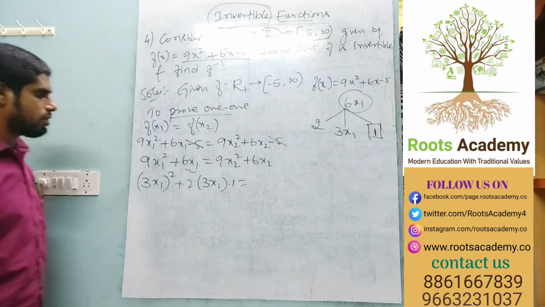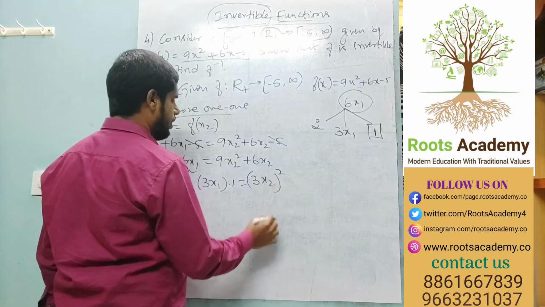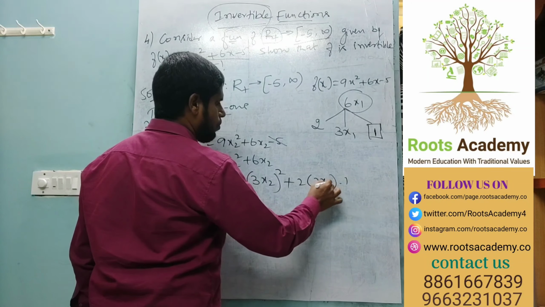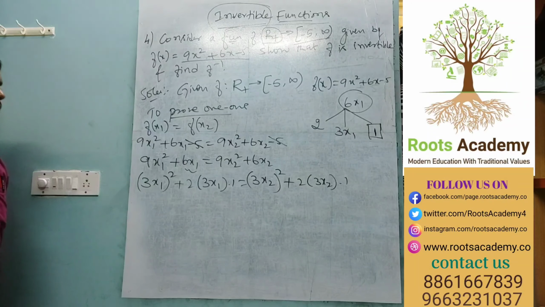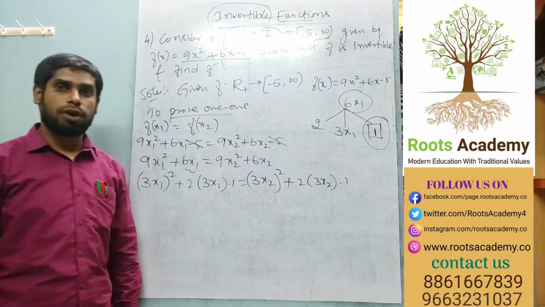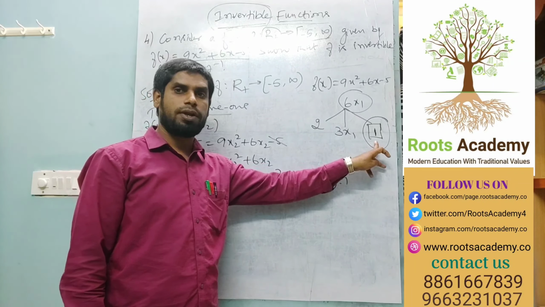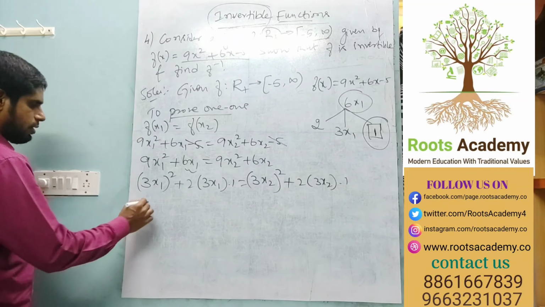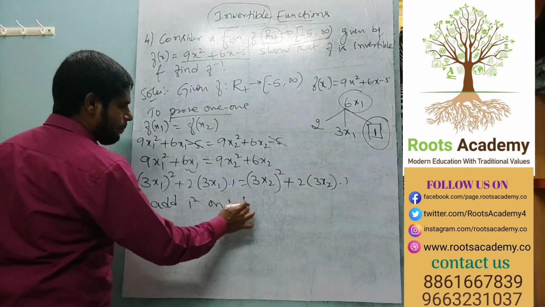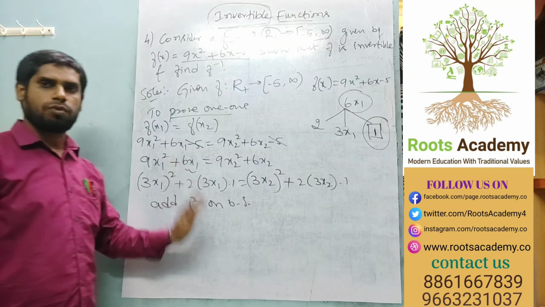Isn't it? Now this is equal to, the same thing here also, 3x2 whole square plus 2 into 3x2 into 1. Now whatever third factor we have taken, that square we should add on both sides. So add 1 square on both sides. Here 1 square is 1, so it doesn't matter if you write 1 or 1 square.